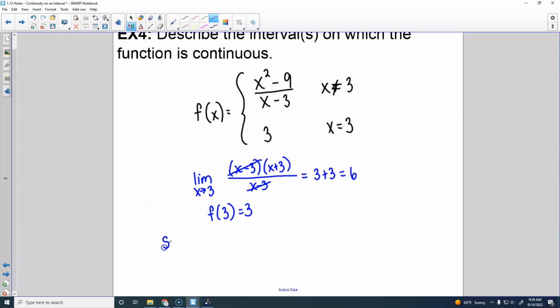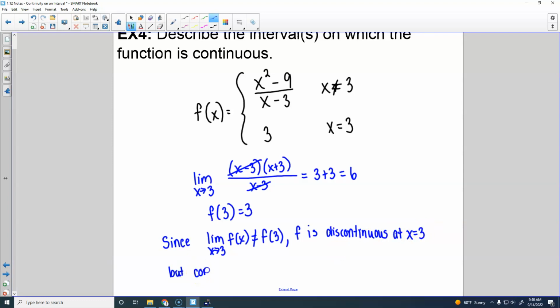So we would say since the limit as x approaches 3 of f of x does not equal f of 3, f is discontinuous at x equals 3, but continuous, because that's really what it asked me, the intervals where it's continuous, right?